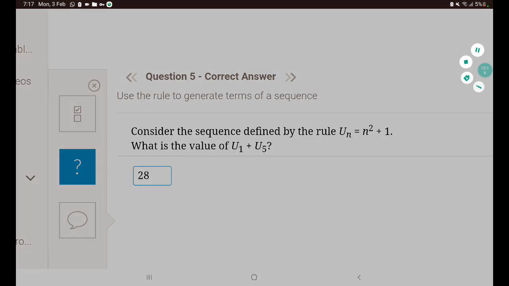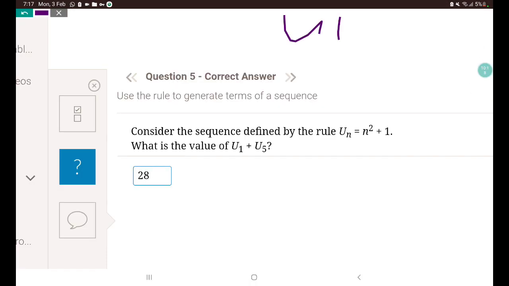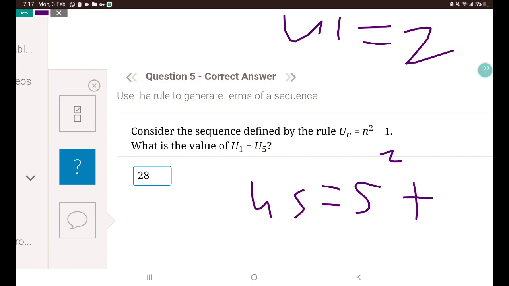Now that we know that u1 is equal to 2, we have to do same thing for u5. u5 is equal to 5 squared plus 1. 5 squared 25, 25 plus 1, u5 is equal to 26.